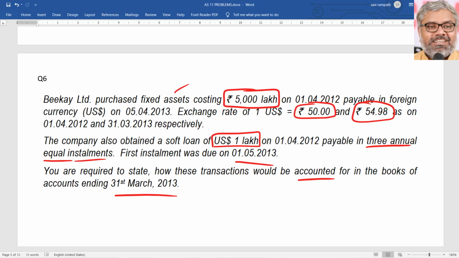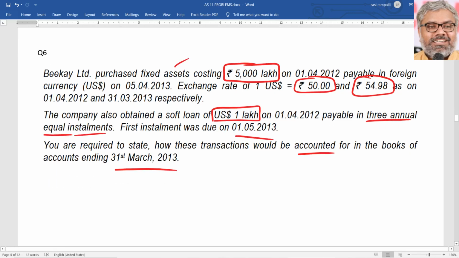So let us take the first transaction, that is fixed assets. Along with the fixed assets there is a payable coming with it. So the entry would be: Fixed assets account debit 5,000 lakhs rupees to payable 5,000 lakhs rupees on 1/4/2012.